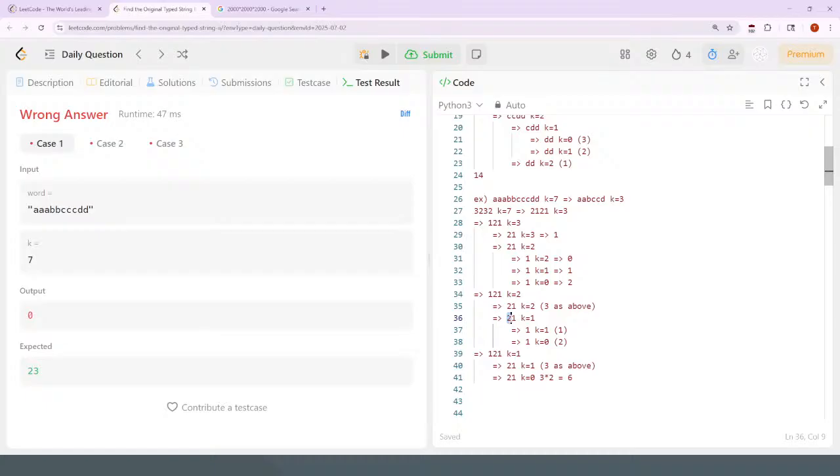Or one thing is intended, the other thing isn't intended. So there's 1 left, and k equals 0.